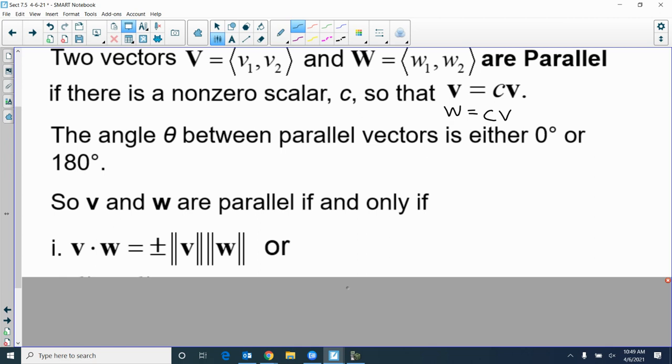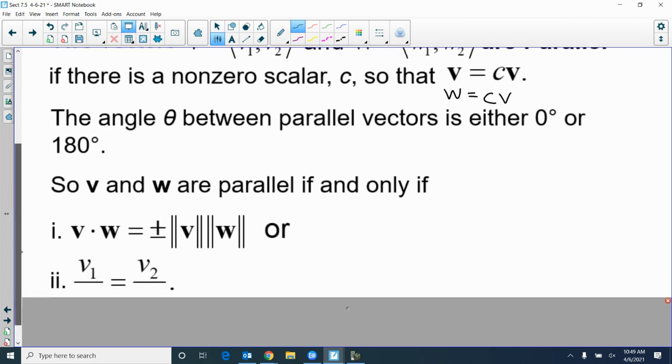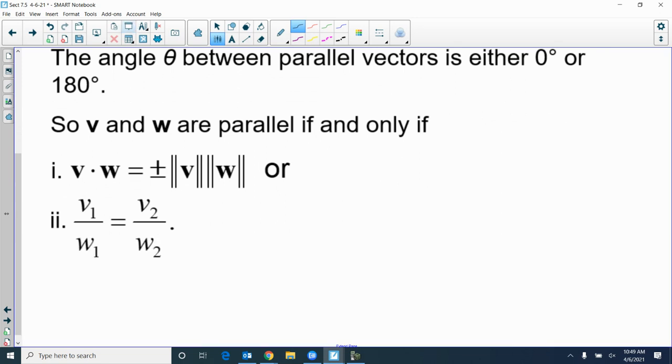So if you have two vectors that are parallel, this becomes a 1 or a -1, so that whole thing boils down to plus or minus V over W. Now, if this is a scalar multiple, you also get this second piece, number 2: V1 over W1 is equivalent to V2 over W2.